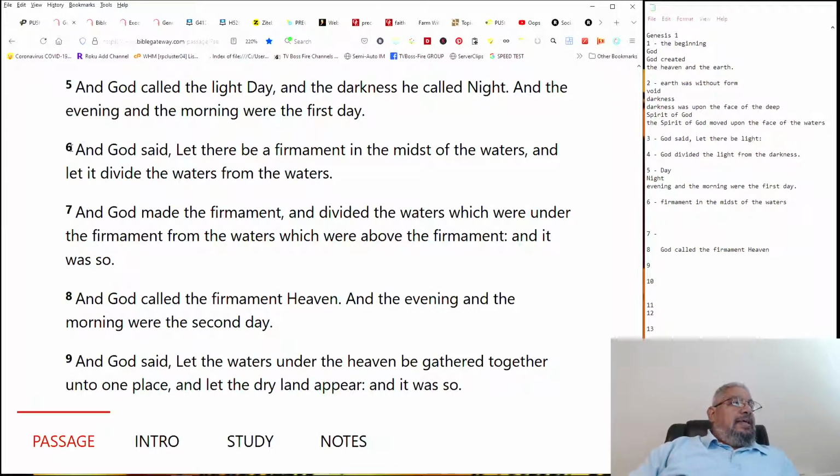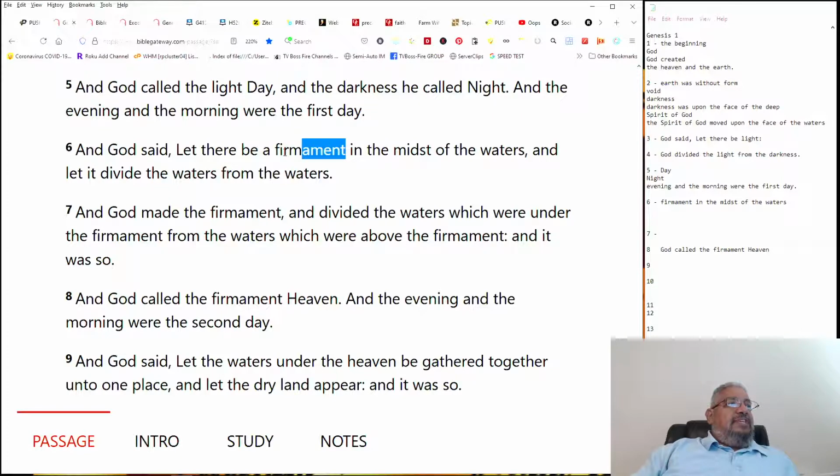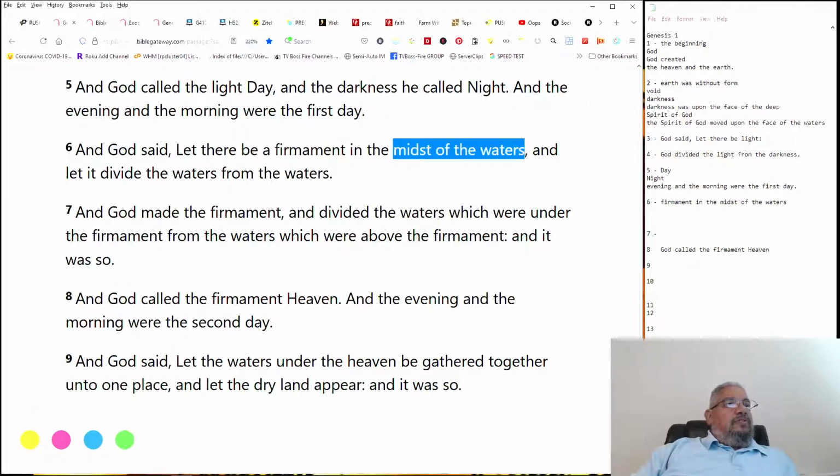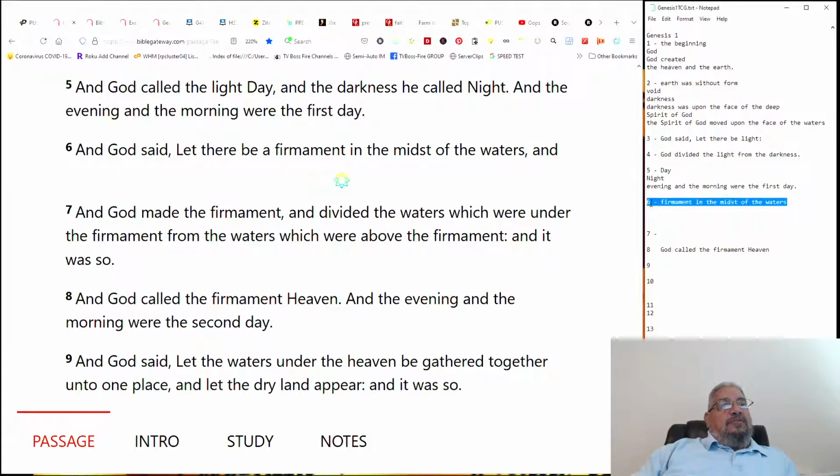Verse 6 says, "And God said, let there be a firmament in the midst of the waters, and let it divide the waters from the waters." So for 6, we have the firmament in the midst of the waters. So that is one graphical element.